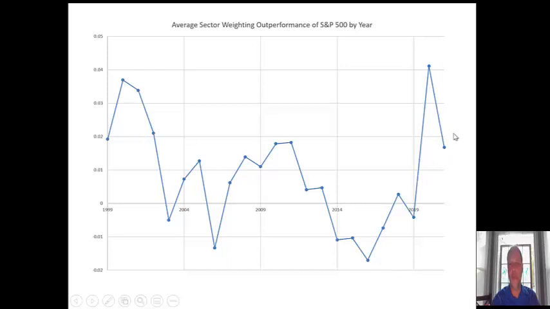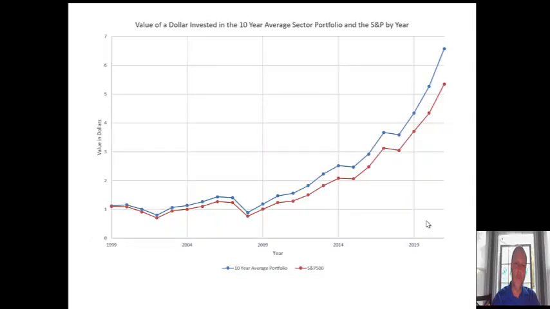In recent years, it also outperformed the S&P 500, but there are a few years in here, 1, 2, 3, 4, 5, 6, 7, where it underperformed the S&P 500. We have 23 data points. We made less money than the S&P 500 in 7 of those, so we outperformed the S&P 500 in 16 years. Overall, this is around a 1% outperformance each year.